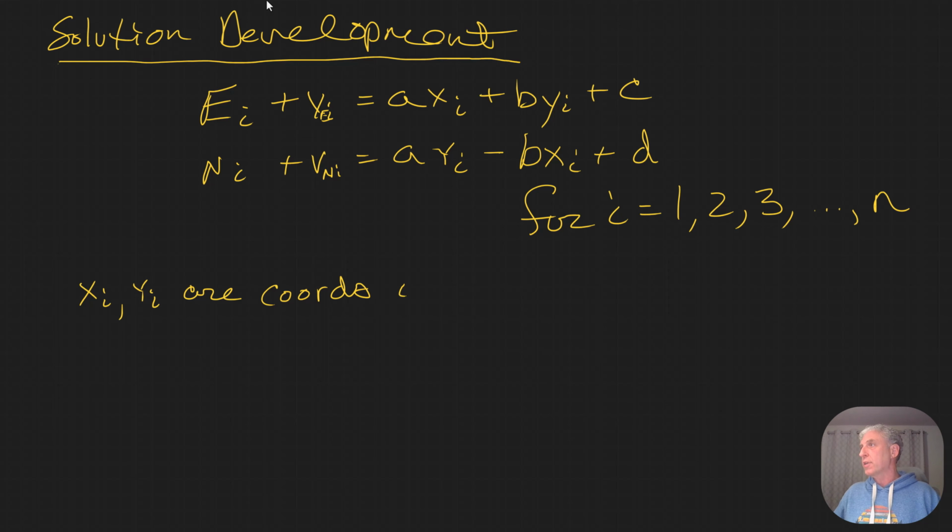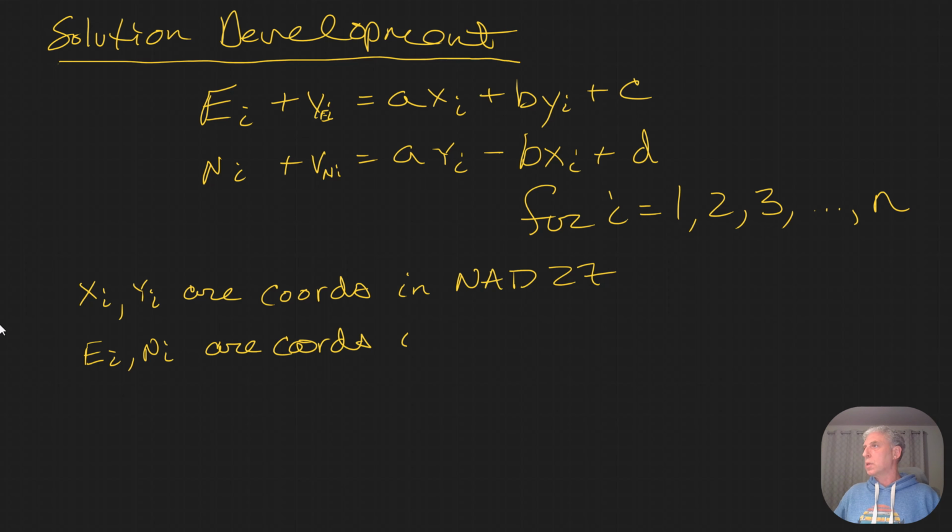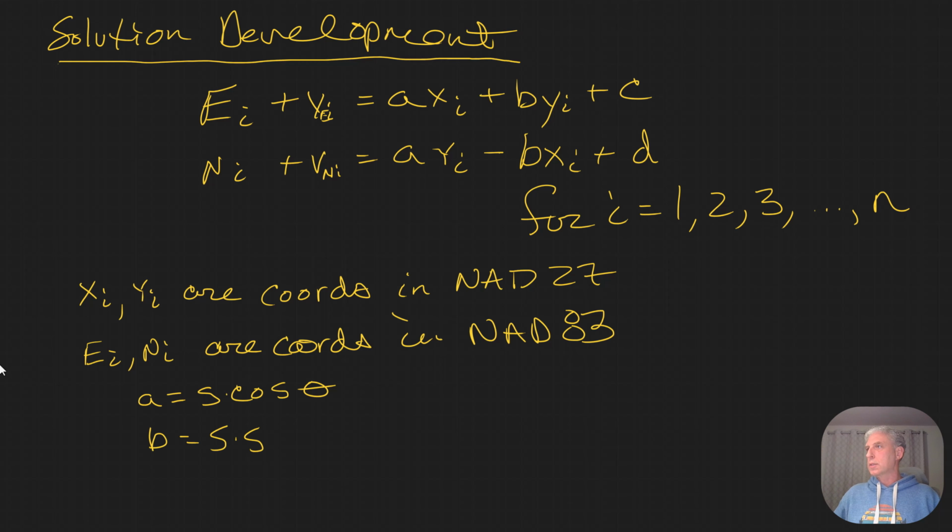In NAD 27, which as we learned uses X and Y. And then E sub I and N sub I are coordinates in NAD 83. A equals S cos theta. B equals S sine theta.